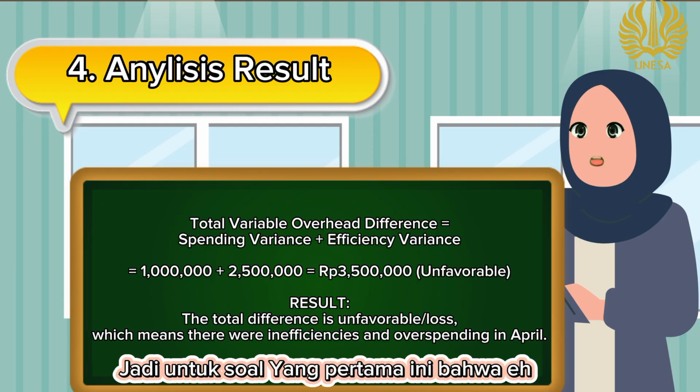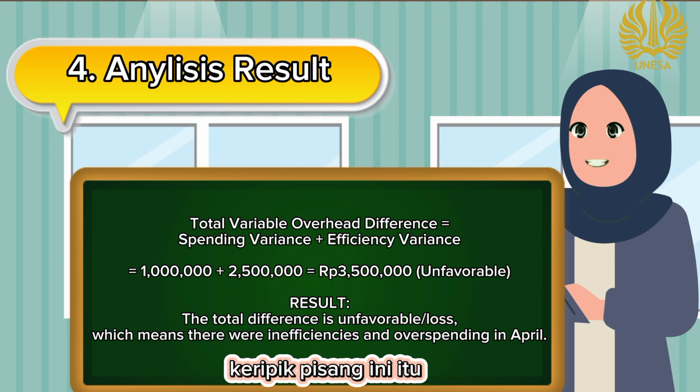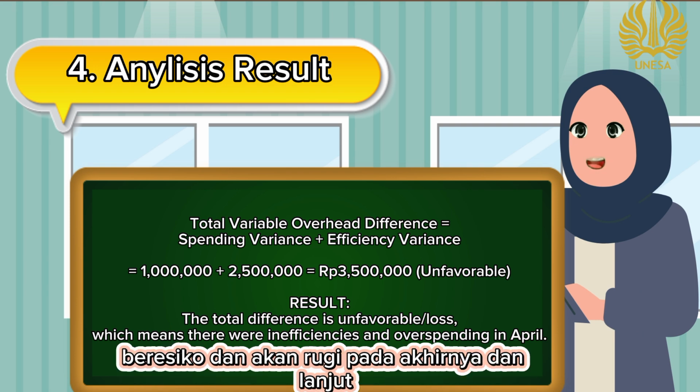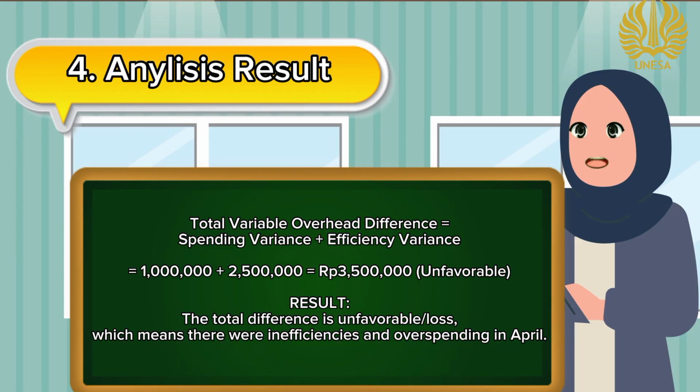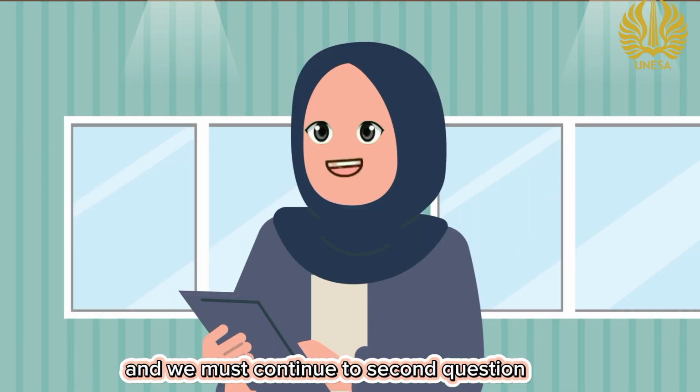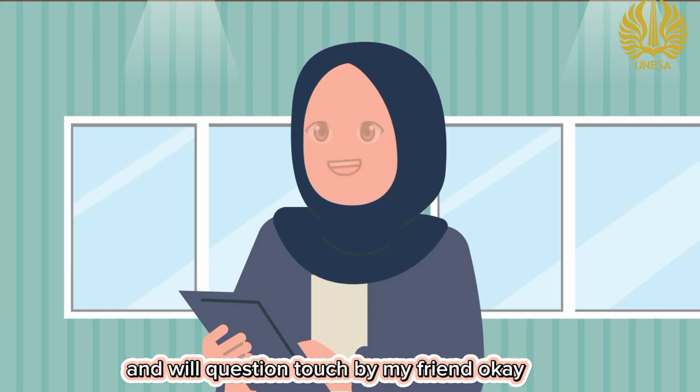Jadi untuk soal yang pertama ini, bahwa keripik pisang ini itu beresiko dan akan rugi pada akhirnya. Dan lanjut, we continue to the second question, which will be presented by my friend.